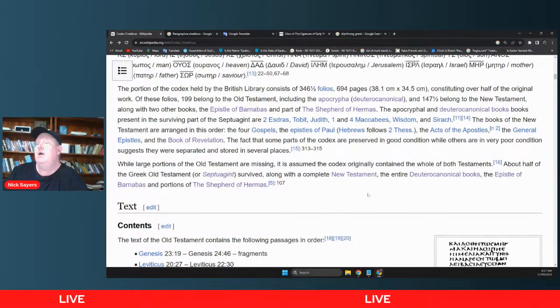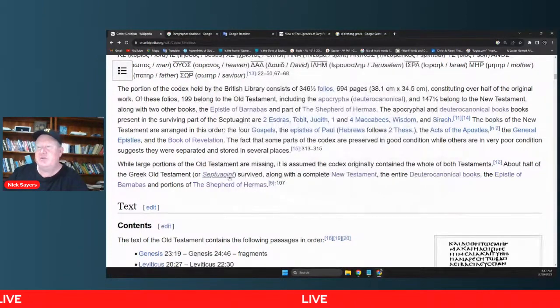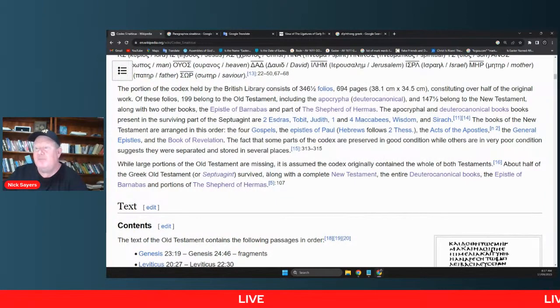Okay, so about half of the Greek Old Testament, which they call the Septuagint, but there's a lot of issues with that name. Everyone would agree there's a lot of issues with that name, but it's labeled the Septuagint. So about half of that has survived. So we've got basically half of the Greek Old Testament, along with a complete New Testament.